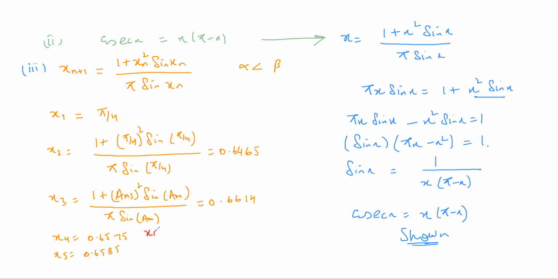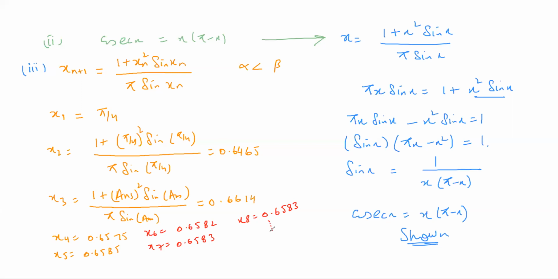Then I have x6, 0.6582, then 0.6583, so we have this converged here, 0.6583.